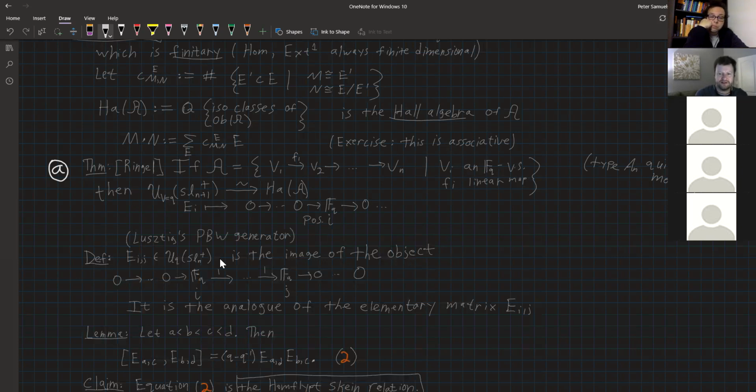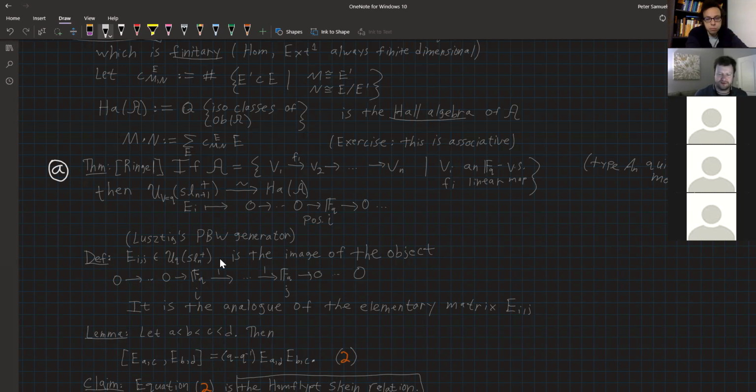And in terms of the Hall algebra, they have a nice interpretation. However they're defined, they map to a nice thing in the Hall algebra.